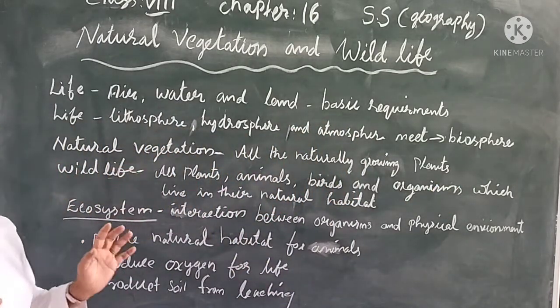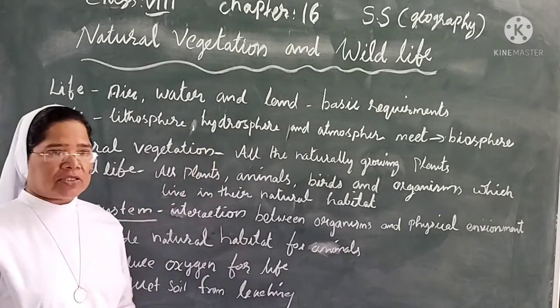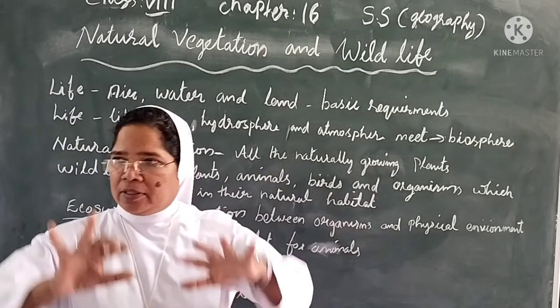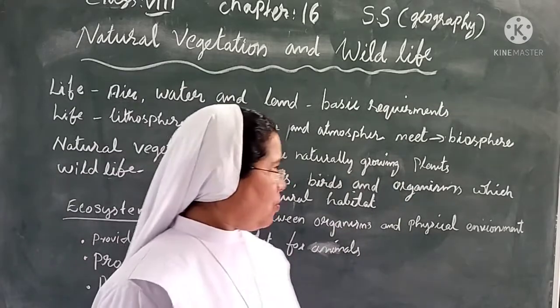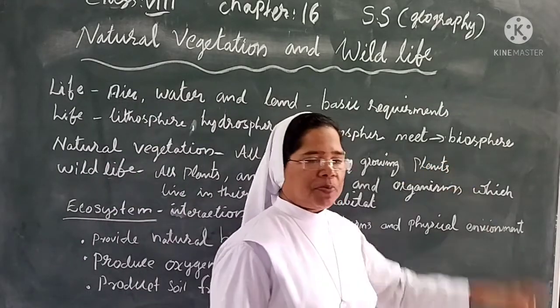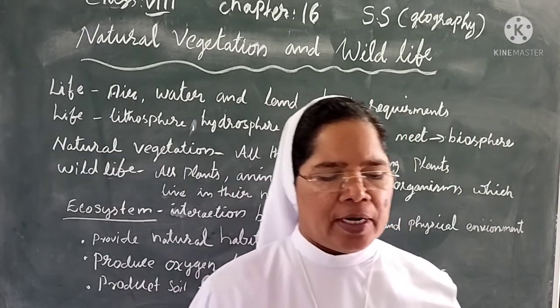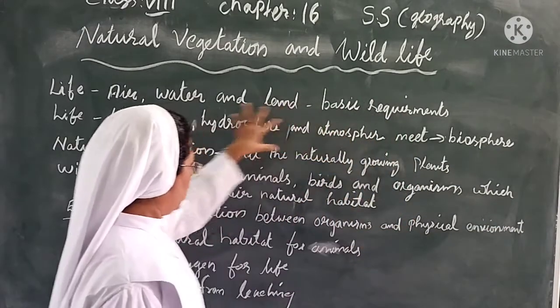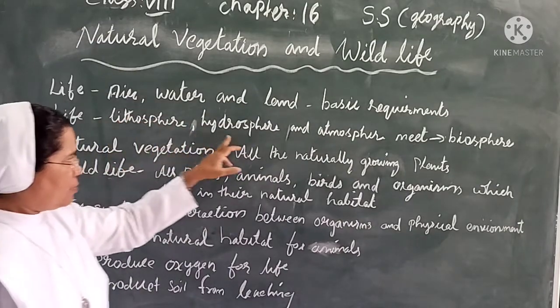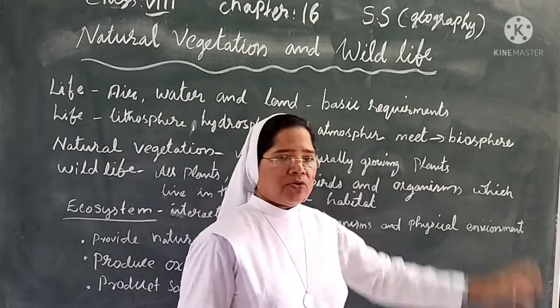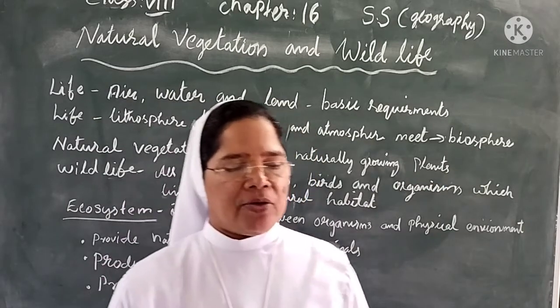Lithosphere is the outer layer of the earth. Hydrosphere means all the water bodies, and atmosphere is the air around. You understand? This narrow zone is called the biosphere.